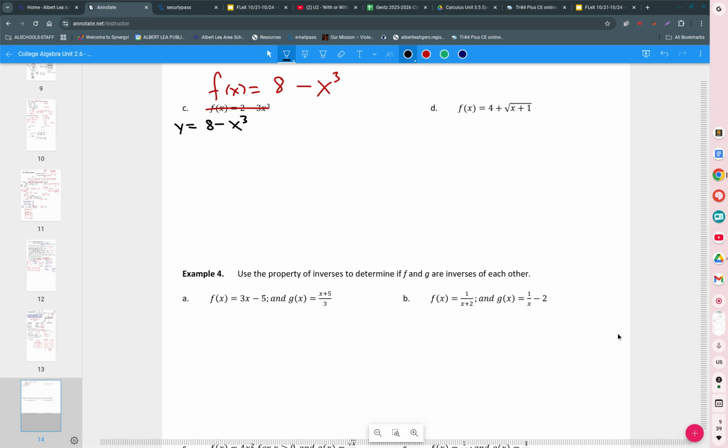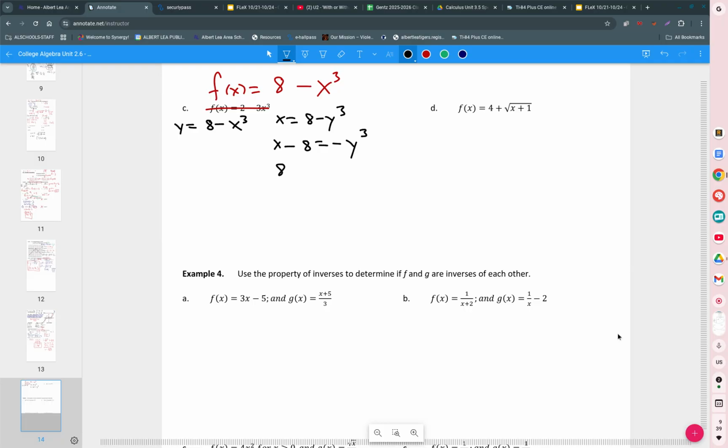And if I want to find the inverse, what do I do? x equals 8 minus y cubed. I have to solve for y. What should I do first? Subtract the 8. So I got x minus 8 is equal to negative y cubed. Now what? Divide by the negative.